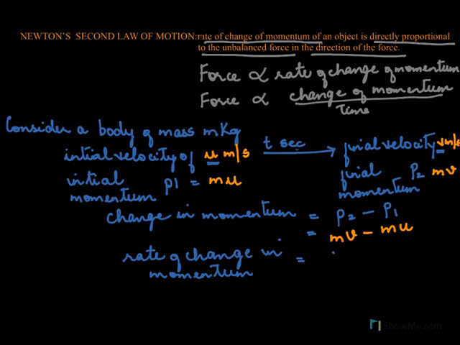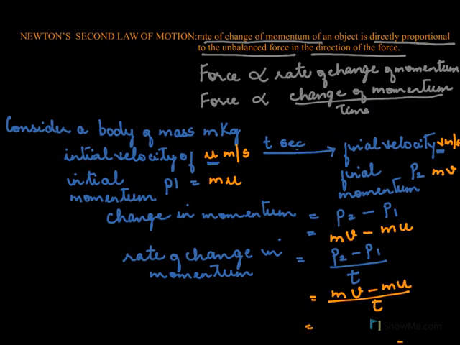And the rate of change in momentum will be the change in momentum, which is P2 minus P1, over time. And we substitute the values here: mv is final, mu is initial, over time is the rate of change of momentum.